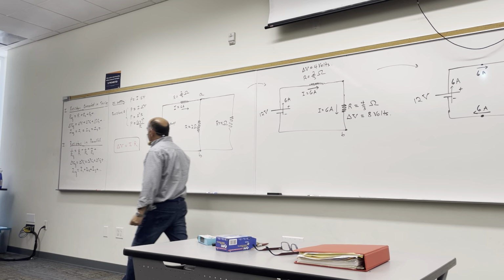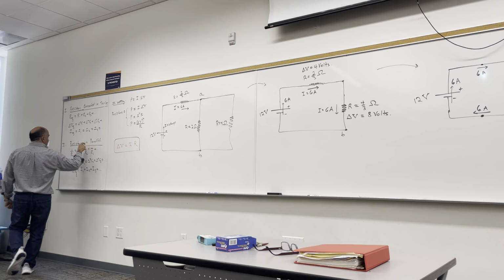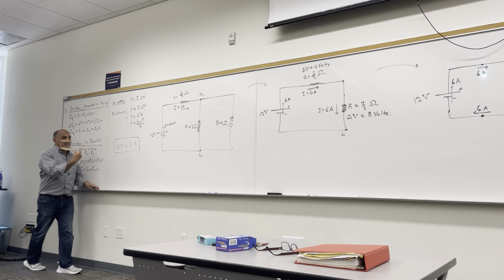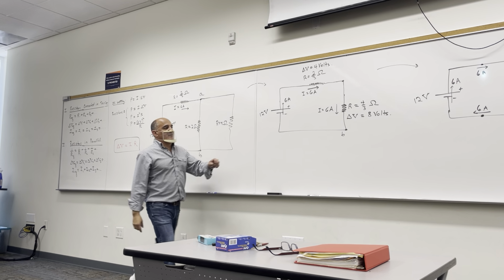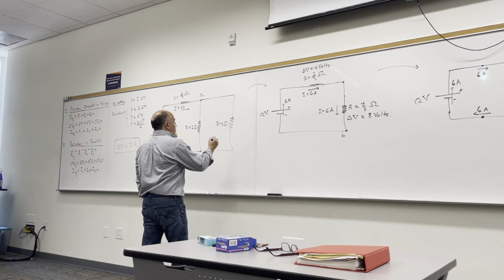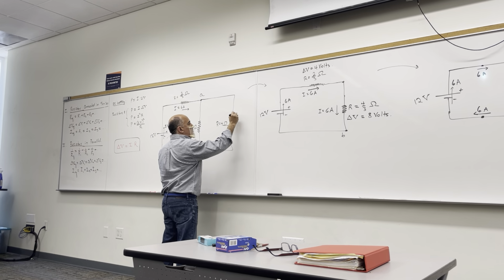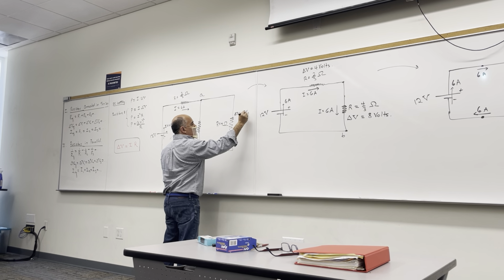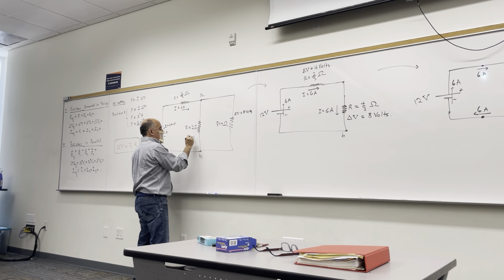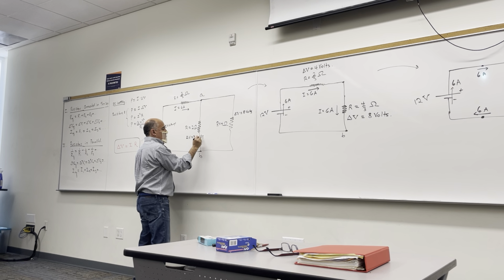The same voltage. When resistors are connected in parallel, they all have the same voltage. And since I know the voltage of this to be 8 volts, then the voltage across this resistor here will also be 8 volts, and across this one will also be 8 volts.